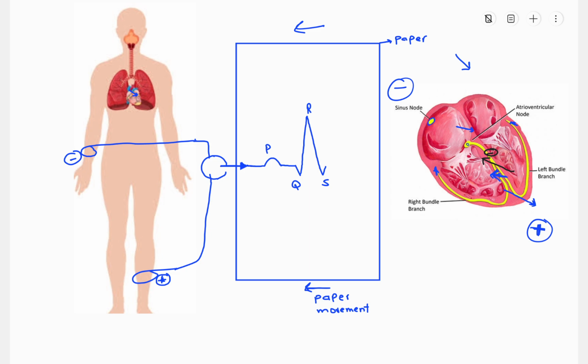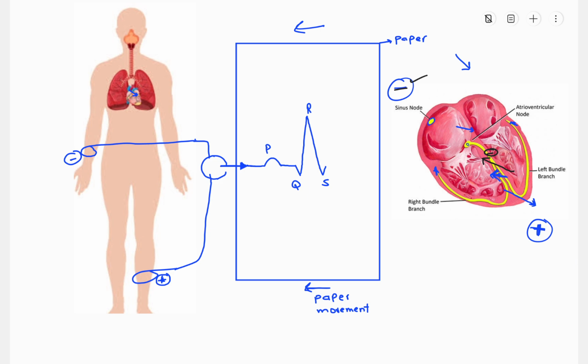So repolarization is actually a negative vector, moving towards the negative charge. In depolarization, positive vectors were moving towards the positive, so they showed positive deflection. In this case, a negative vector is moving towards the negative charge, and it will also show us a positive deflection in ECG.